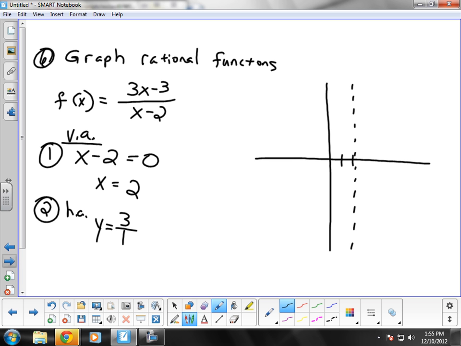So this is the thing that bothers people a lot. When we talk about horizontal asymptotes, that is talking about end behavior. That's not necessarily talking about what's going on right here in the middle. So a lot of times what I'll do on this y is equal to 3, I won't go all the way across. I just kind of come out here and over here to remind myself that out here at the ends, that's what I'm going to get close to.